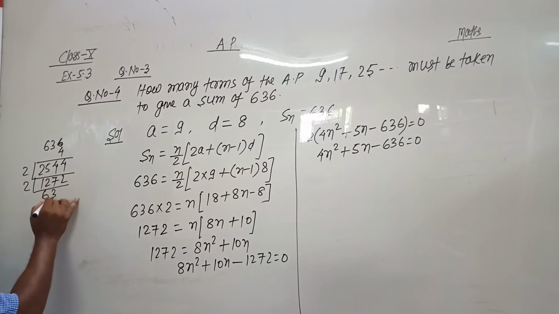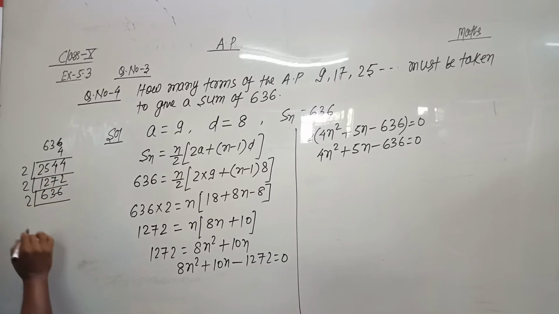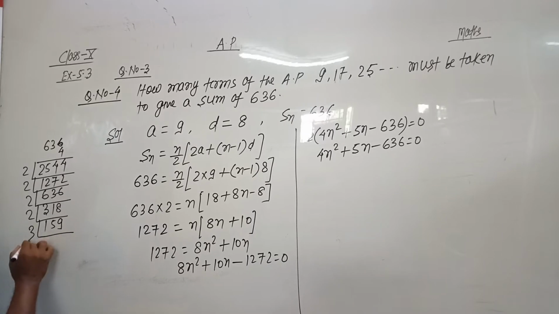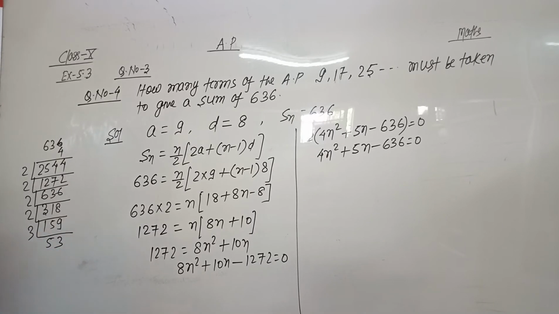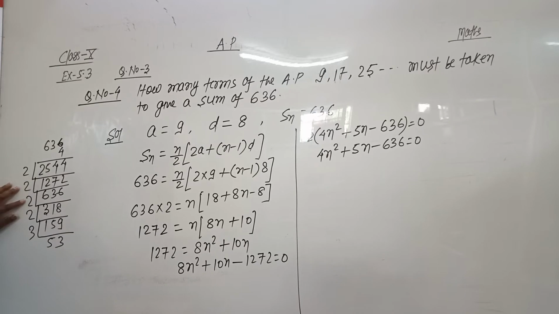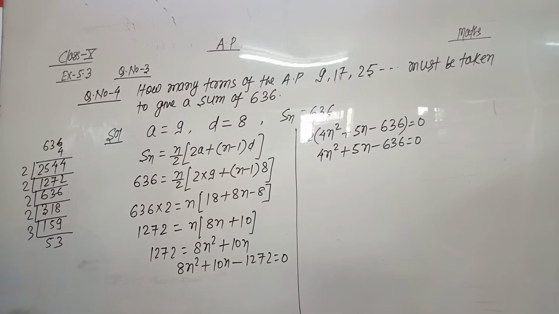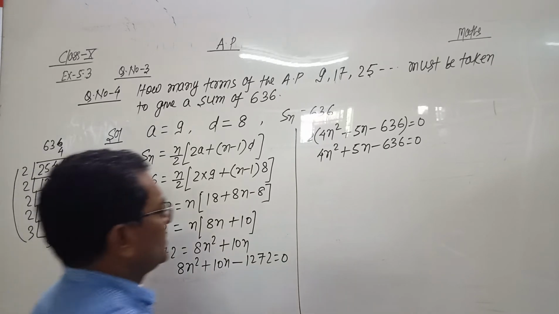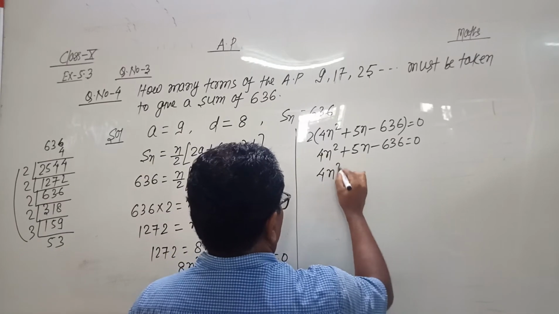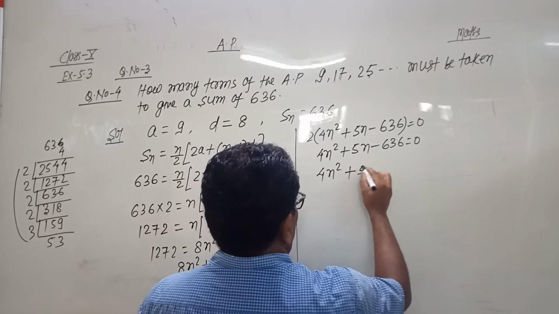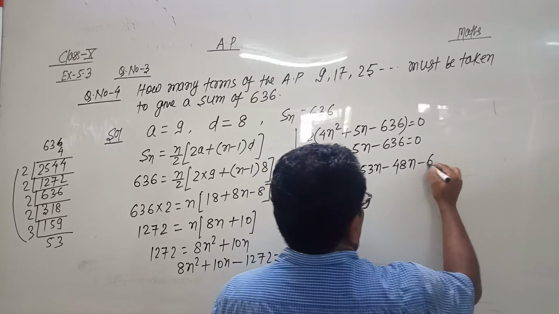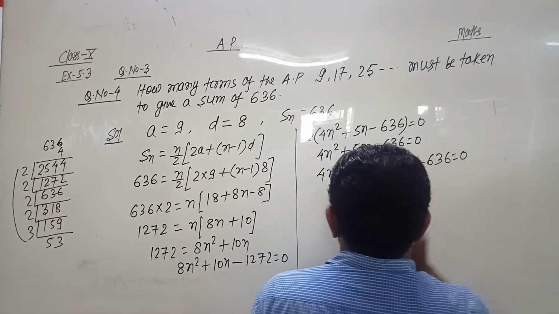It goes by 2, 1272, again by 2, 636, by 2, 318, by 2, 159, by 3, it goes to 53. So 2 into 2 is 4, into 2 is 8, into 2 is 16, into 3 is 48. So 48 and 53. So we can write 4n square plus 53n minus 48n minus 636 equals 0.